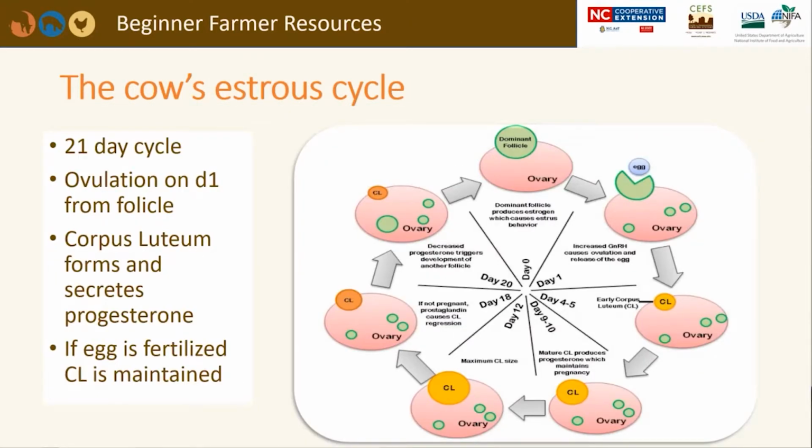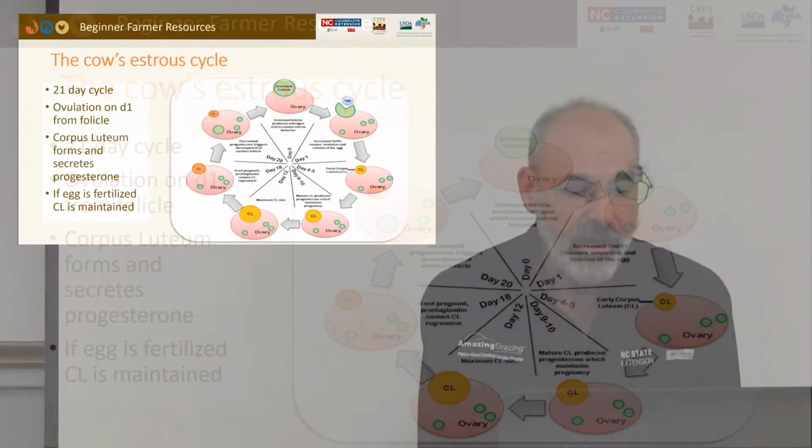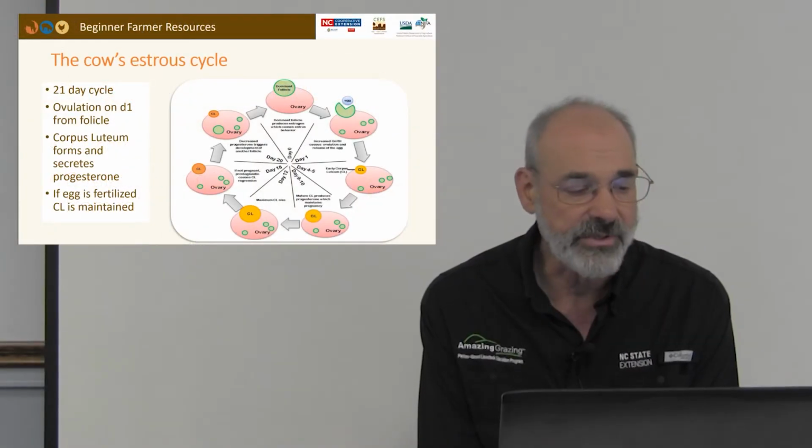To follow up on that, I'll tell you a little bit about the ovary and the cow's estrus cycle. This is a 21-day cycle, so once the cow calves, she will have a period of what we call anestrus, where she's not cycling, but then she'll resume this 21-day cycle. Ovulation occurs on day 1 of the cycle, as shown in this diagram, and that follicle, which is where the egg comes from, turns into what we call the corpus luteum.